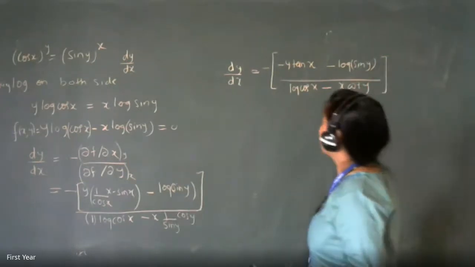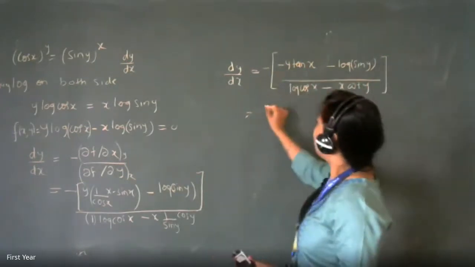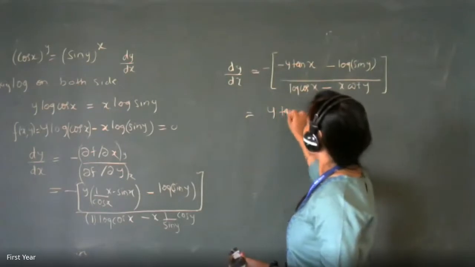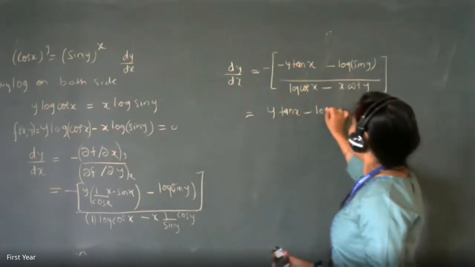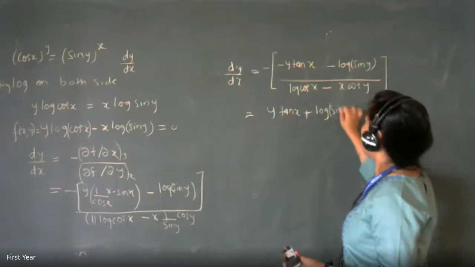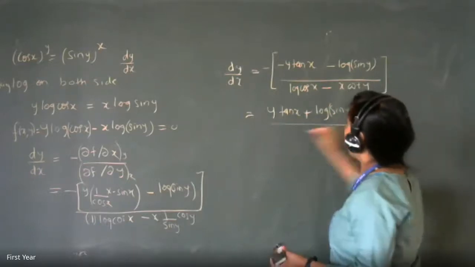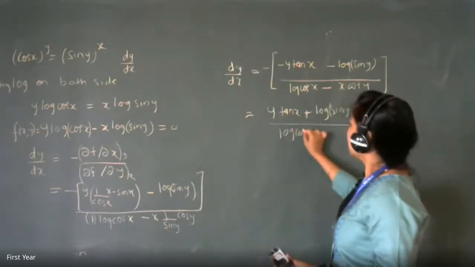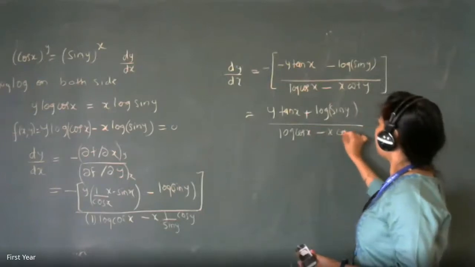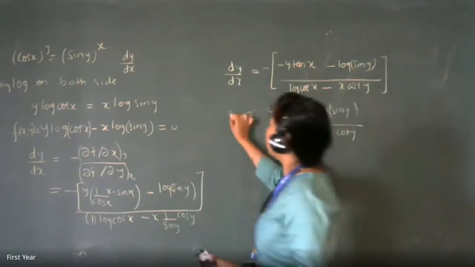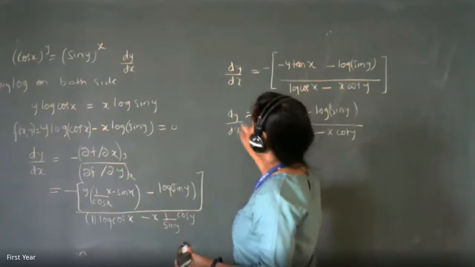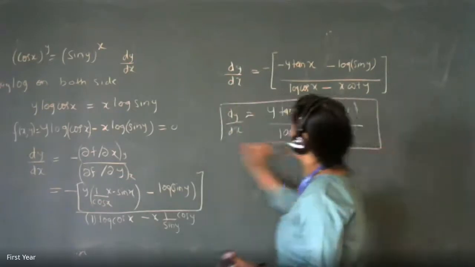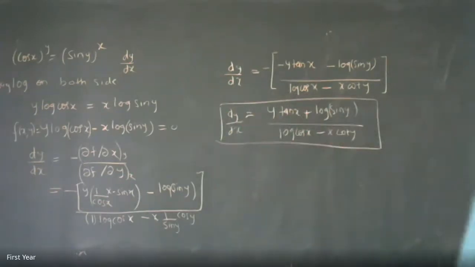Cos by sin is cot. Taking that minus outside common, the answer is y tan x plus log sin y, because minus of minus is plus, divided by log of cos x minus x cot y. So this will be present in your option, dy by dx. You will have to do 2 to 3 steps and you will get this answer.